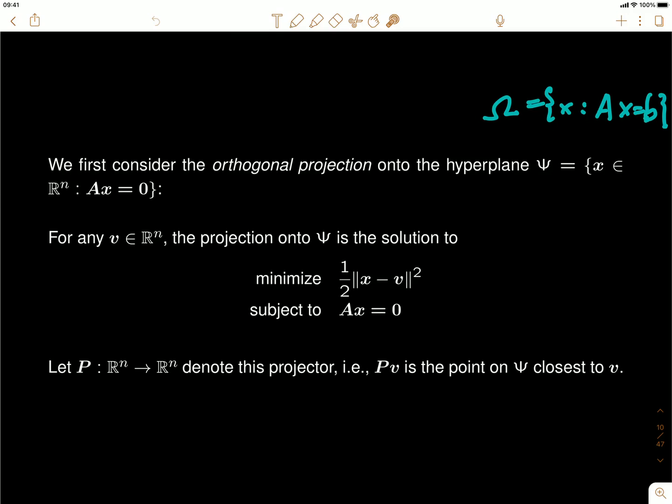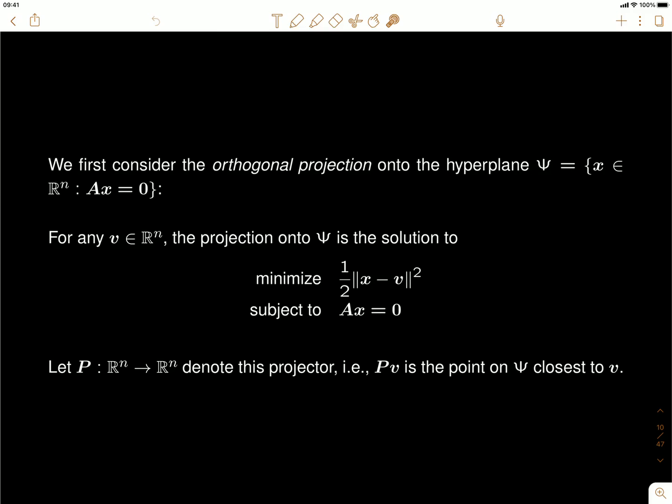In this case, omega becomes a hyperplane, meaning that it is just the set of points x such that Ax equals 0.